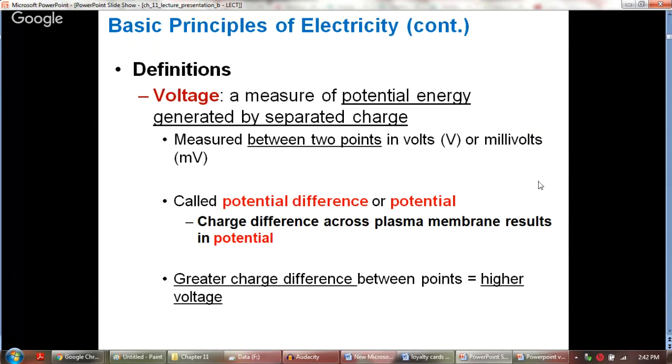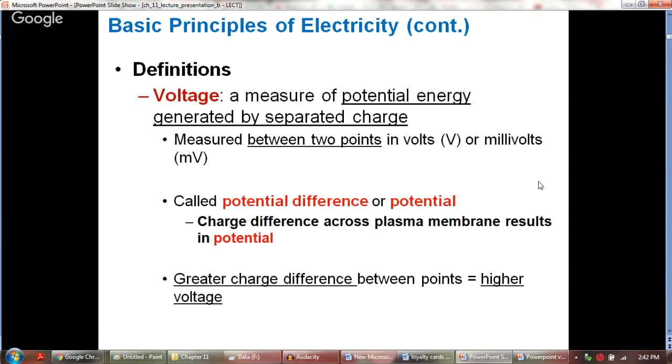So let's look at some certain terms. The first one is voltage. Voltage is defined as a measure of potential energy generated by separated charge. It is measured between 2 points, and the unit is volts or millivolts.